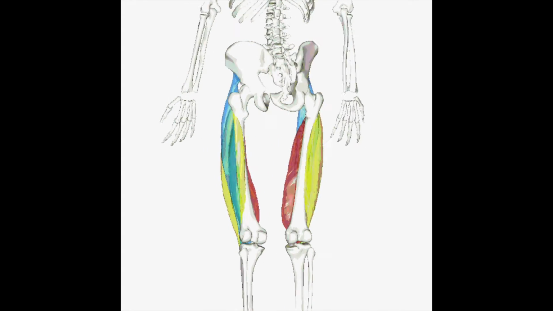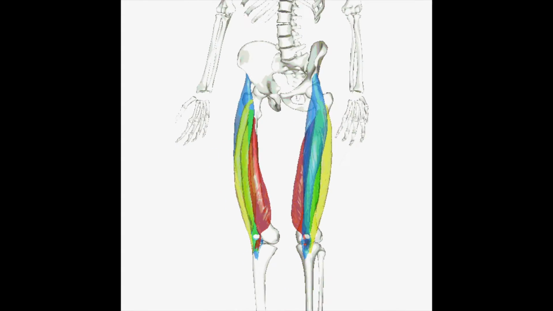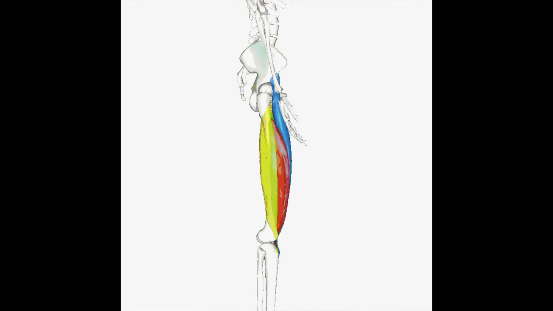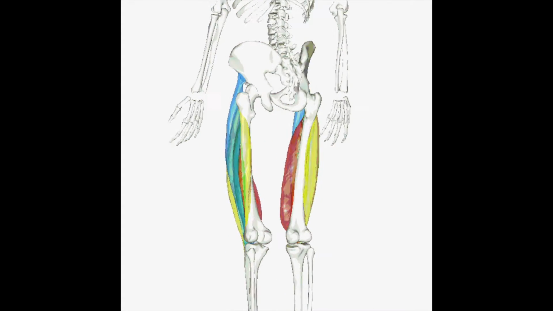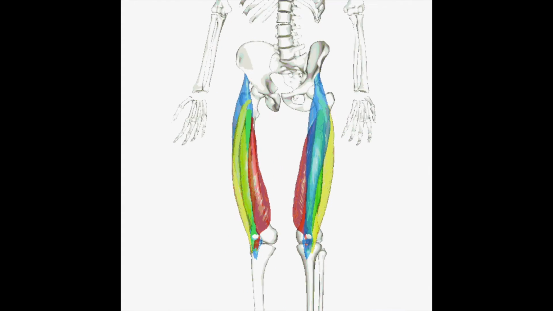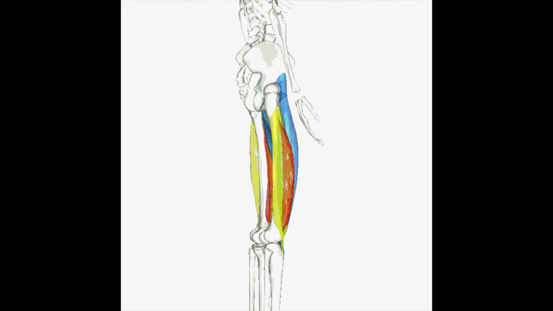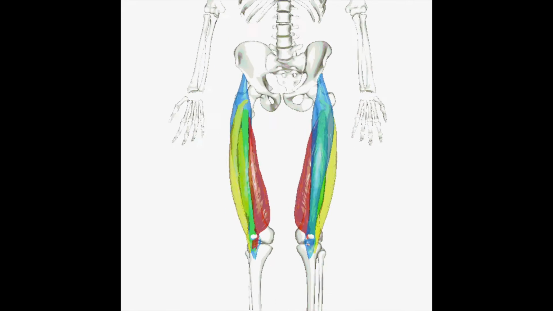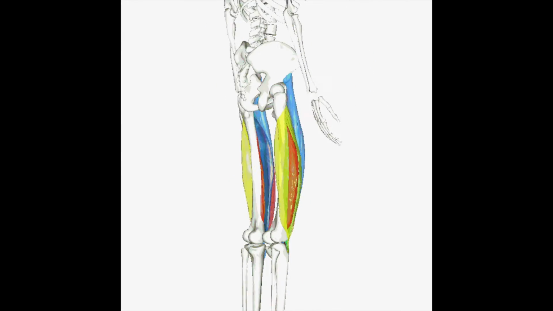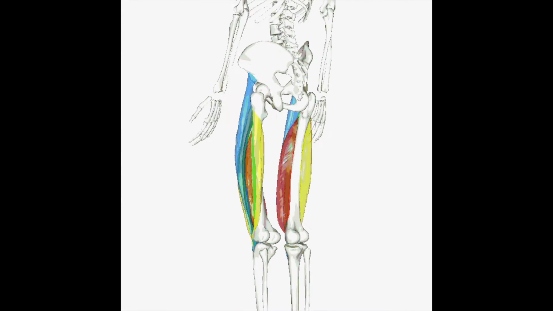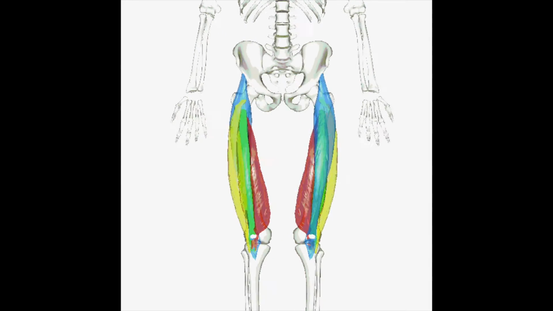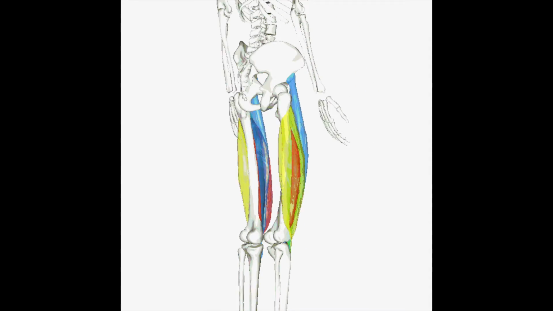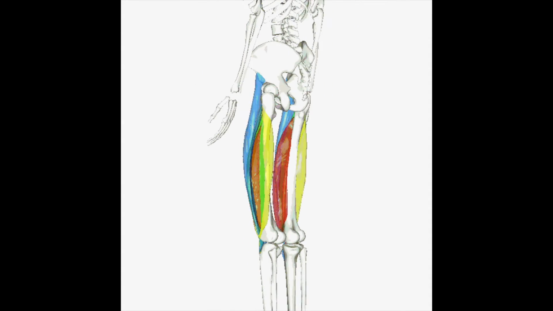The vastus medialis, shown here in red, has an origin on the medial surface of the femur, and the vastus intermedius, which again lies deep to the rectus femoris, has origins on the anterior and lateral surfaces of the femur. The action of these muscles is to extend the knee. The rectus femoris can also flex the hip because it's attached to the pelvis.